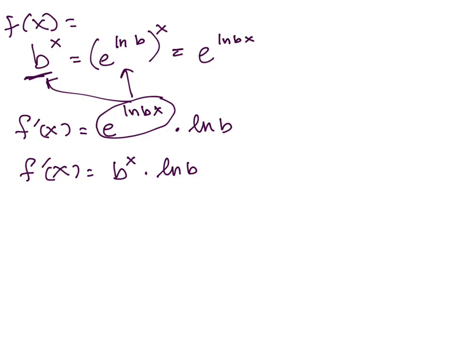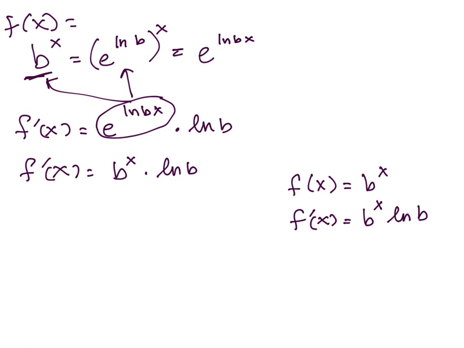So what's the rule here? We're going to just derive this one time, and then I expect you to remember it after now. So if I am given f of x is b to the x, its derivative, f prime, is b to the x natural log b. Every single time. b to the x, its derivative is b to the x natural log b.